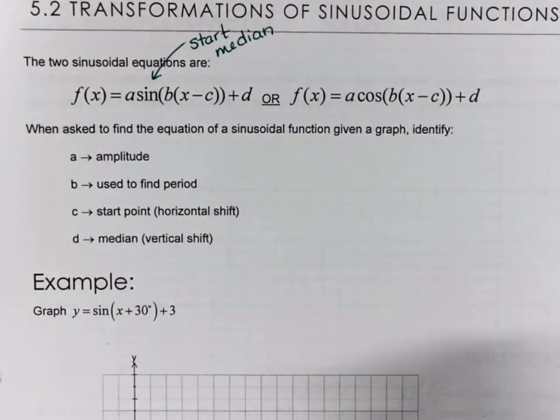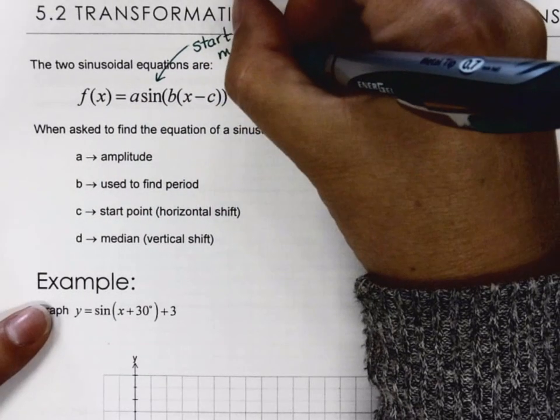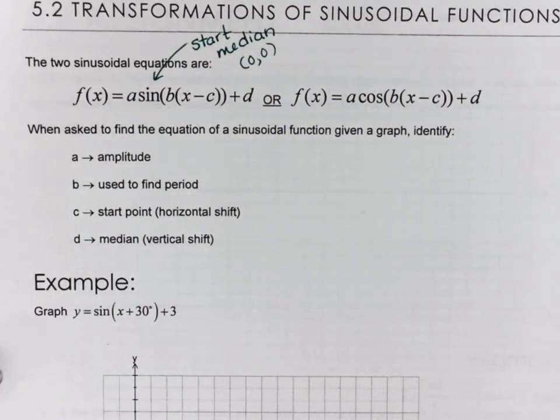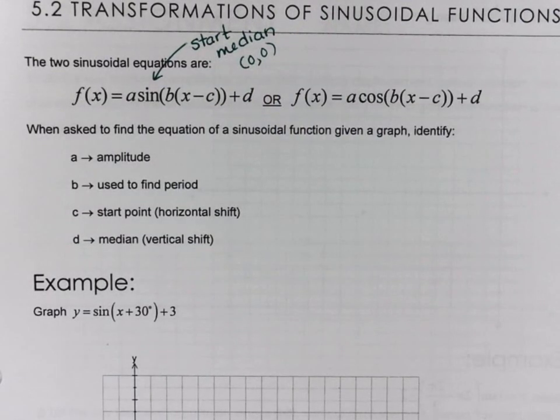On the traditional graph, they start at 0, 0. So on the basic sine graph, they start at a median, and that is 0, 0. The reason that's important is we are going to transform graphs based off that original graph. So it's really important that you have an idea of where things are starting.